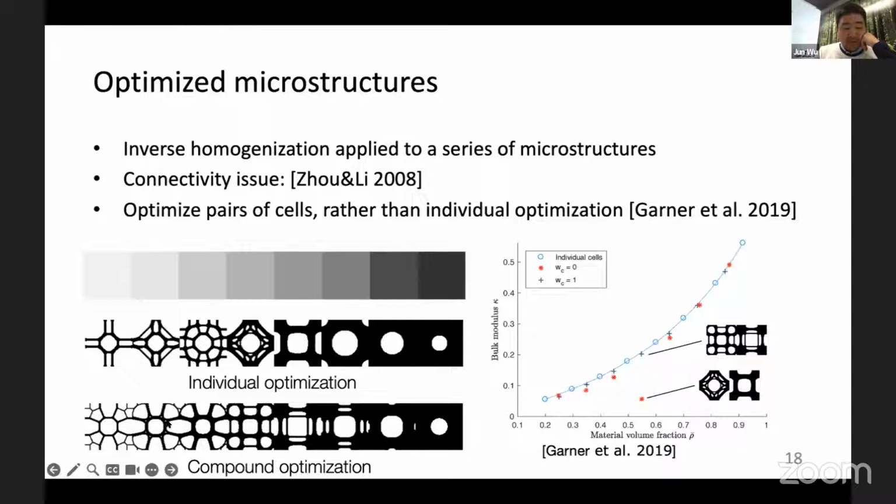If we optimize multiple of them, or 8 of them together, in comparison, you see the connection is much improved. We can even plot this to compare it with the theoretical bound. If the cells are individually optimized, and you look at 2 cells together, the stiffness is very bad. But if we optimize together, it almost reaches the theoretical bound.